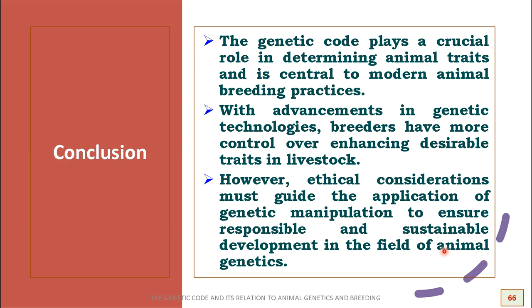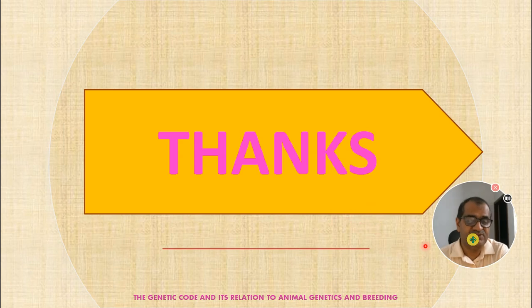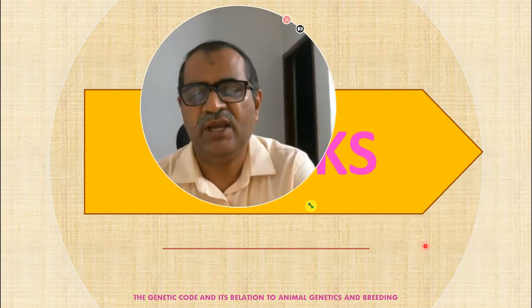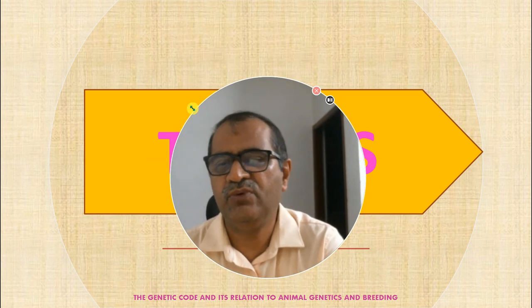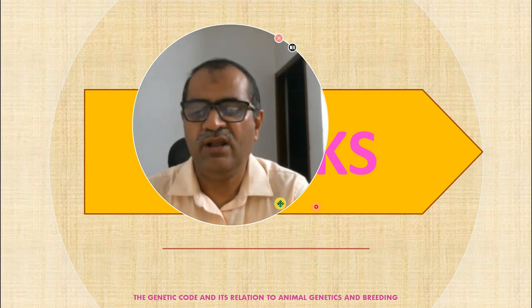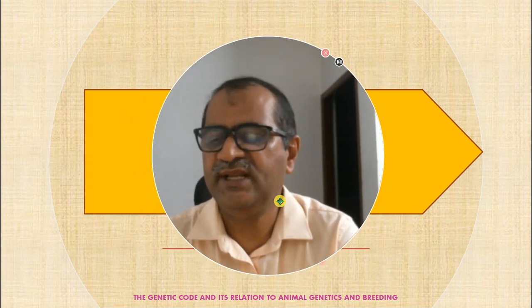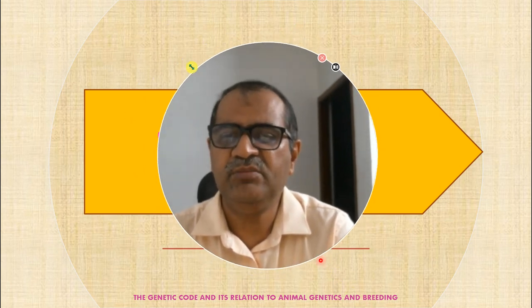We need to conclude that the genetic code is one of the important things in the life of animals, which determines different types of traits, and it is also responsible for the evolution of different breeds of animals, and beneficial for human generations. But at the same time, there are a lot of ethical constraints. They should not be misused.